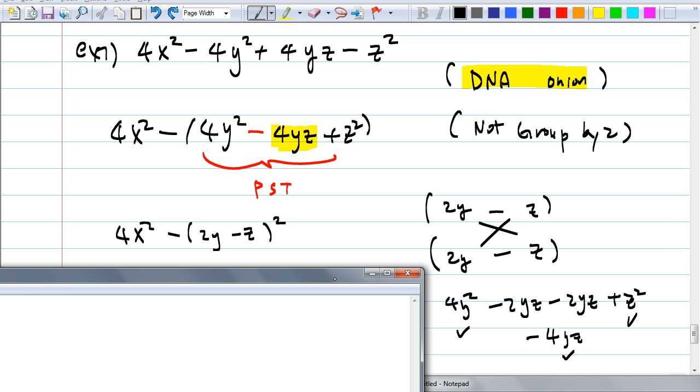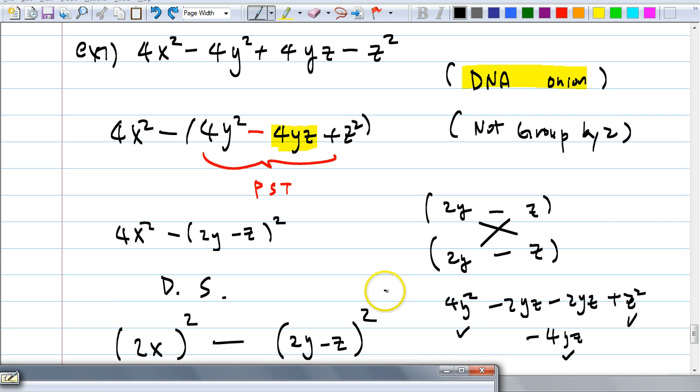Isn't this something squared minus something else squared? What's your a this time, class? Is it 4x? Is your a 4x? No, it's 2x, isn't it? Difference of squares: 2x squared minus 2y minus z squared. What's your b? 2y minus z.